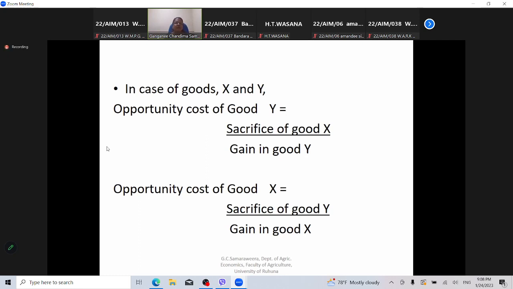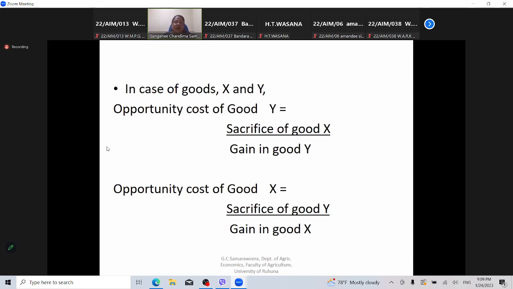But sometimes opportunity cost may not be exact values. Sometimes qualitative characteristics are there. For example, let's say kindness, your beauty, your intelligence. We can't measure these in monetary values. In that case also we can measure the opportunity cost.